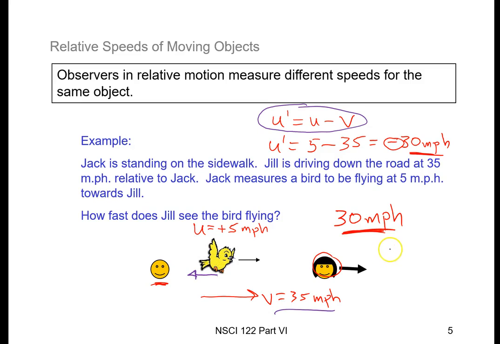Because now U is negative 5 miles per hour, because relative to Jack, the bird's going to the left, so I put this minus sign here. So now when you find u prime, you do negative 5 minus 35, and you find out that u prime is negative 40 miles per hour, which means that Jill observes the bird to be going to the left at 40 miles per hour. Okay? So this works.